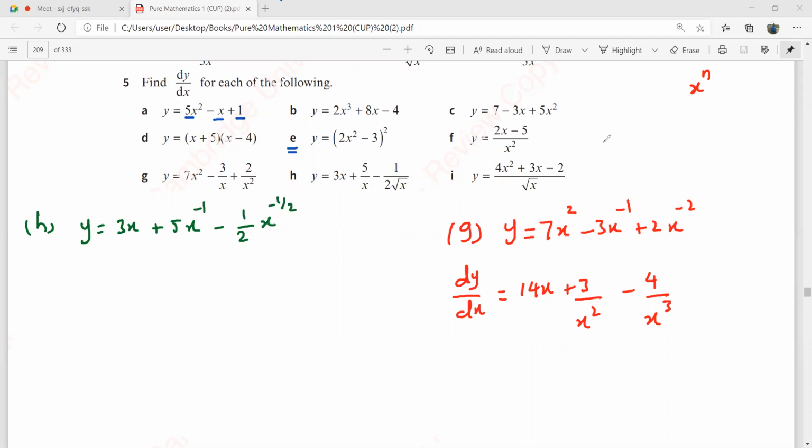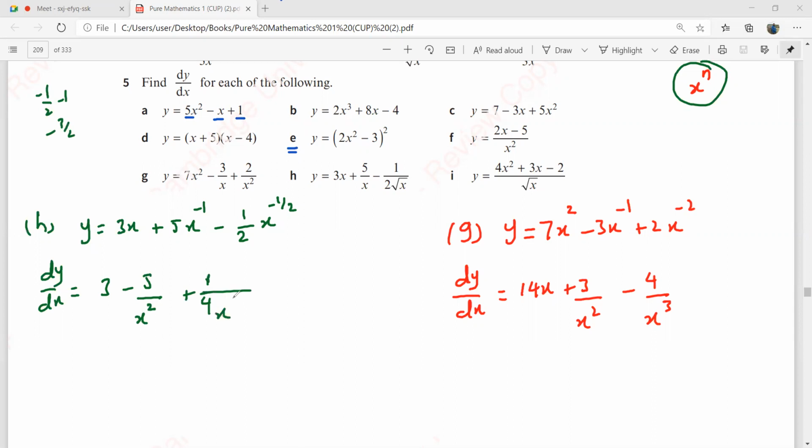I have all the terms in this form, okay? And now I can differentiate it. So this is dy by dx, that is 3 minus 5x raised to power minus 2, and I can write it as minus 5 over x squared. This is minus half into minus half is going to be 1 over 4, and you have x raised to power minus half minus 1, that is minus 3 over 2. So I can write it as 1 over 4 x raised to power 3 by 2. That is its derivative.